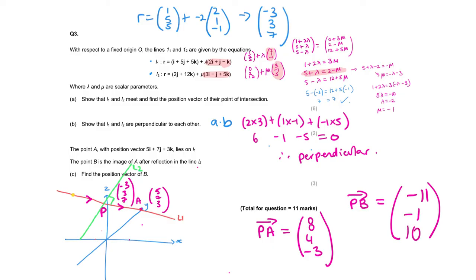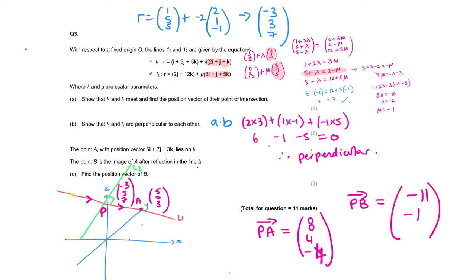Okay, is that right? No, I've just spotted a mistake, guys. 7 to 3 is minus 4. So this is in fact 11.